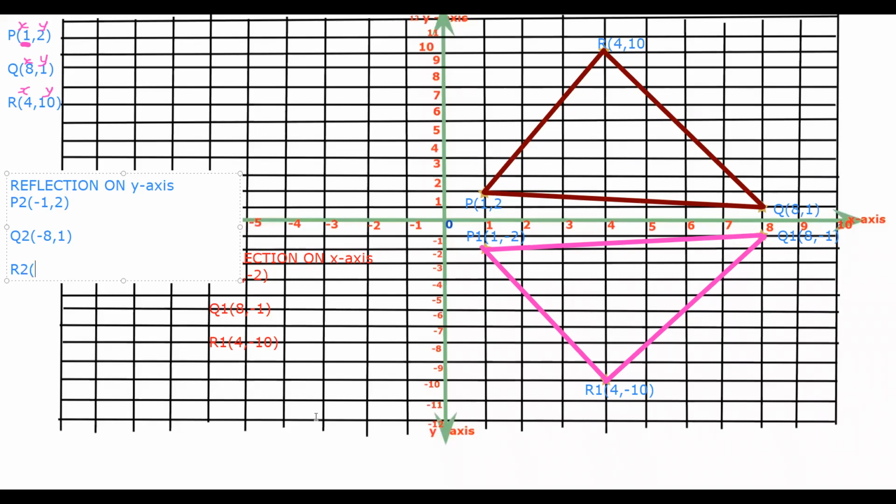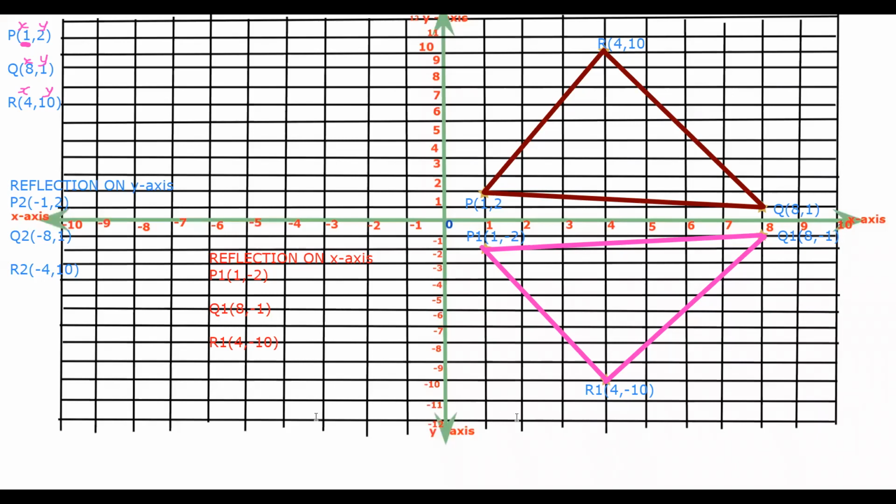So therefore here, the x coordinate will be -4 and +10, because we are not touching the y coordinate, so you protect it by writing the same number over there, and then the x coordinate will suffer with a negative sign. Good.